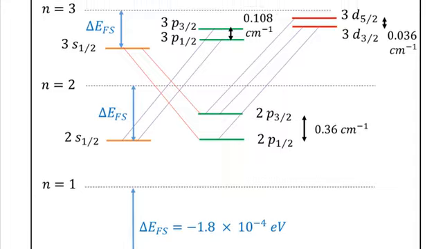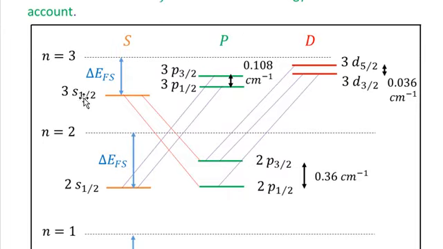Similarly, the level 3S1/2 will be greater in energy than the level 3P1/2. And similarly, the level P3/2 will be greater in energy than the level D3/2, but of course below D5/2.